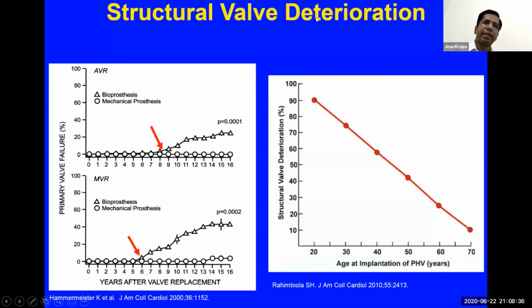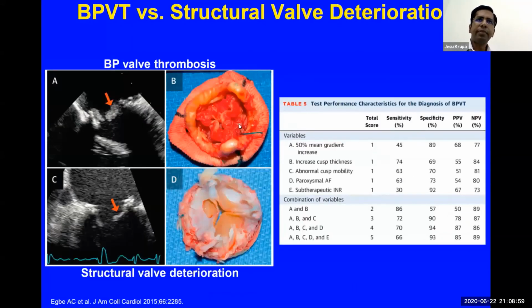We see that structural valve deterioration in the mitral position begins to happen 5 to 6 years after replacement. That is the important take home: these valves have a life, and beyond that point they start degenerating. That may manifest as thickened valves, restricted mobility, regurgitation. So we saw a case of bioprosthetic valve thrombosis earlier, and now a structural valve deterioration.